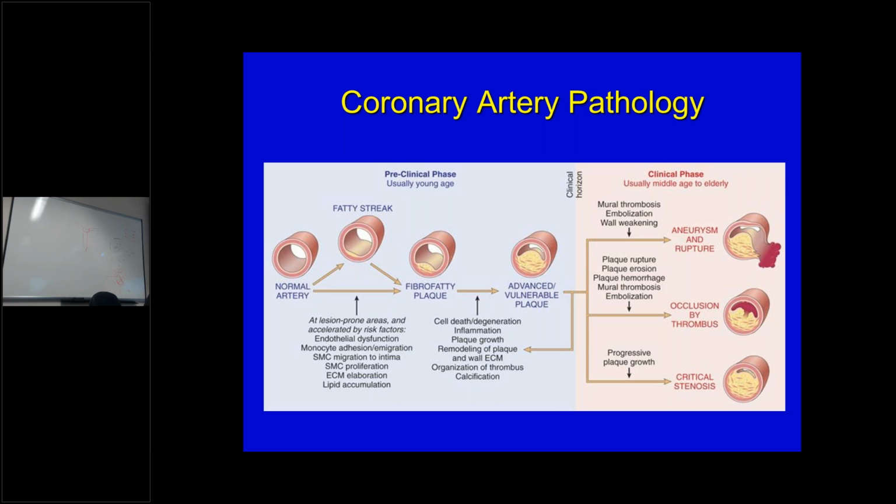An advanced vulnerable plaque is when it's large and it also has its own blood supply. And vulnerable plaque is one that can rupture, bleed, break, okay, go from stable to unstable.